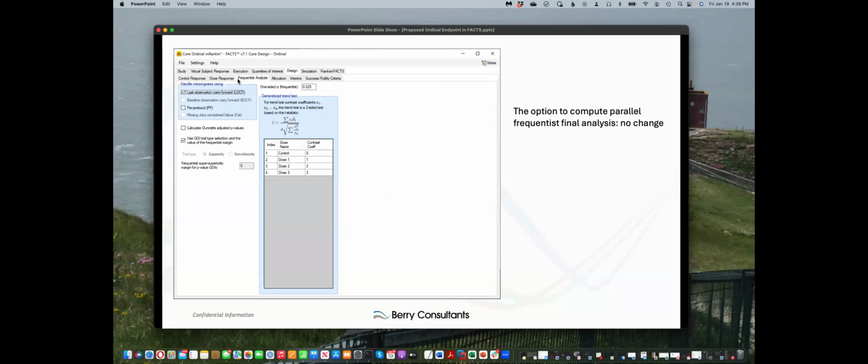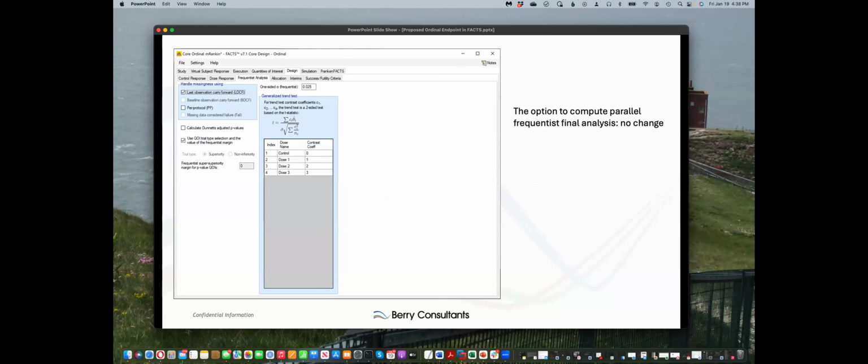There will still be the perhaps slightly anachronistic now frequentist analysis tab. This is about a parallel frequentist analysis that's done on the final results, that's output into a separate set of results, and it dates back to the time when FACS was essentially Bayesian only, and it was doing all these things Bayesian, and the frequentist results were output for comparison.